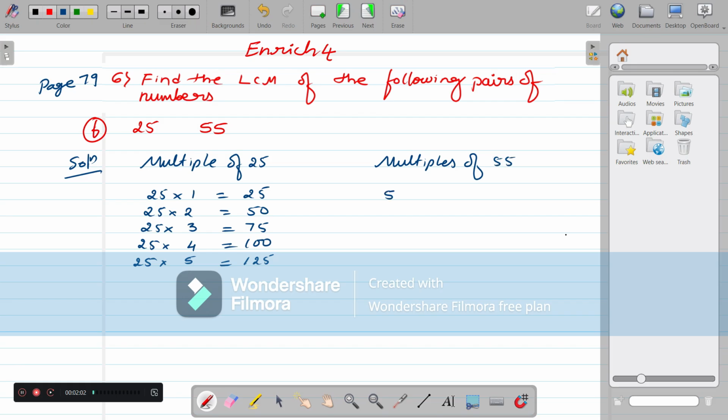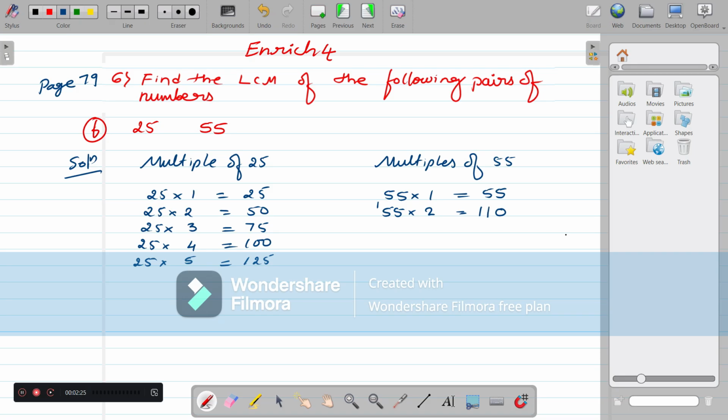So first, 55 into 1 is 55. Next number is 55 into 2, the second multiple of 55, which we find by multiplication. 5 into 5 is 25... 5 fives are 25, 5 carry 2.